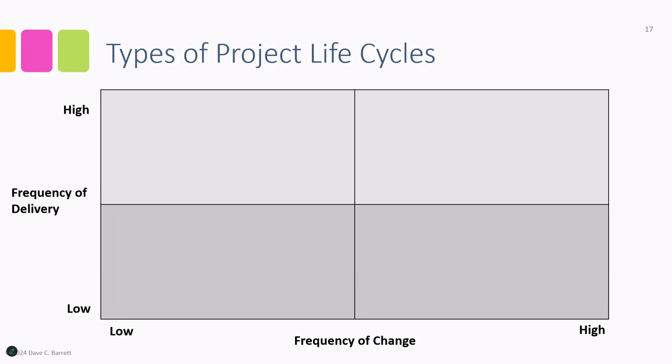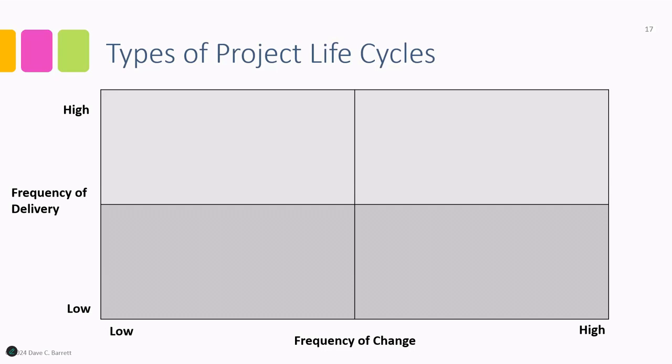Projects can have a low frequency of change. Those would be projects that are well defined, where we know what the requirements are and they're unlikely to change. Or we can have a high frequency of change potentially. Those are projects where we have difficulty defining the requirements. Maybe we don't know exactly what we want until we start working on it. That would be a high potential for change.